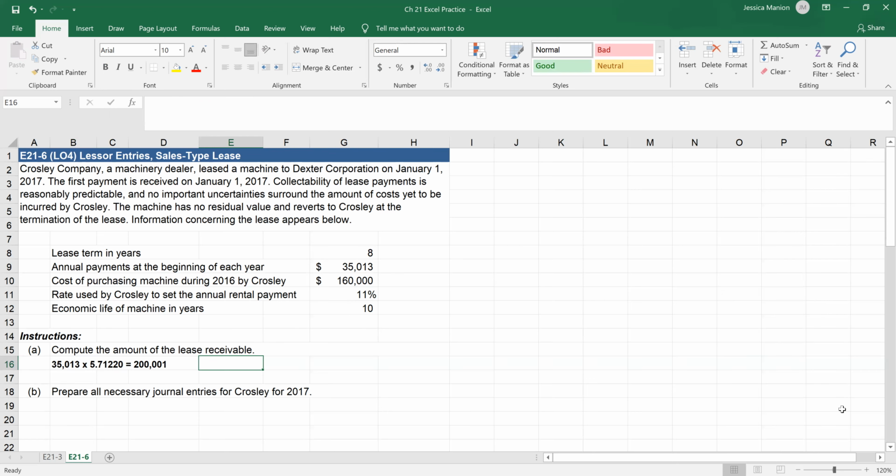And so the entries to record this, again, like we said, we're going to have cost of goods sold that we need to recognize. Also, we have to reduce inventory by that amount.